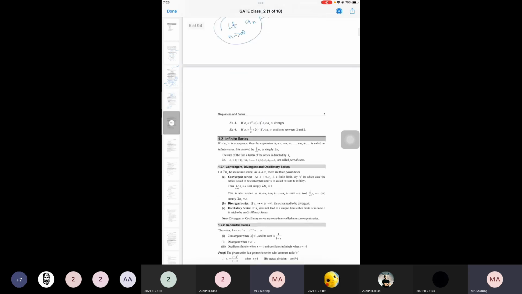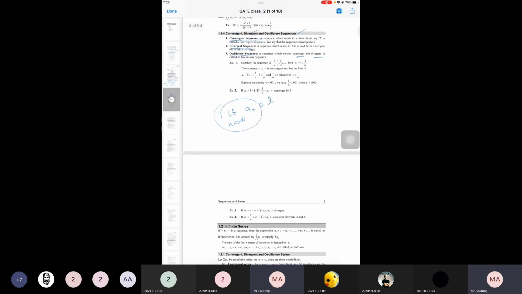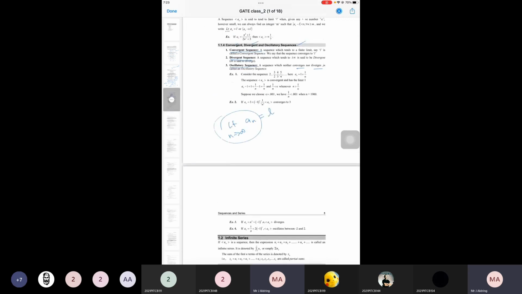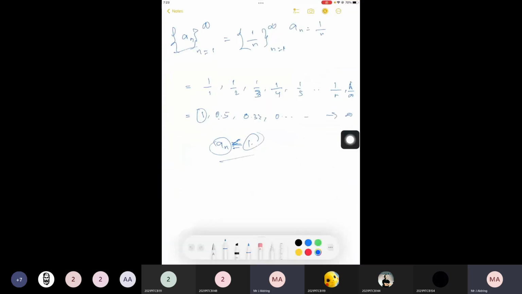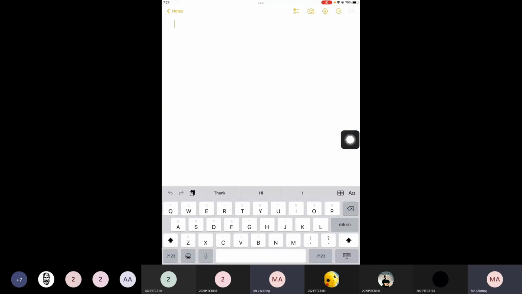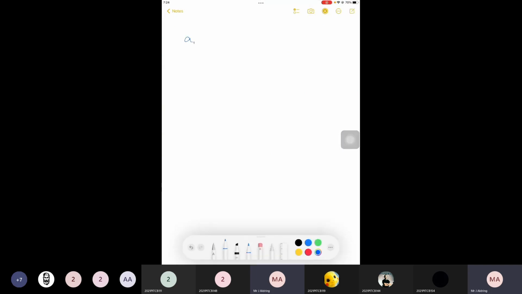Now we can see one or two problems, then we can understand the limit of the sequence and all those things. For example, here we can mention a_n is a sequence. Here we apply n tends to infinity.